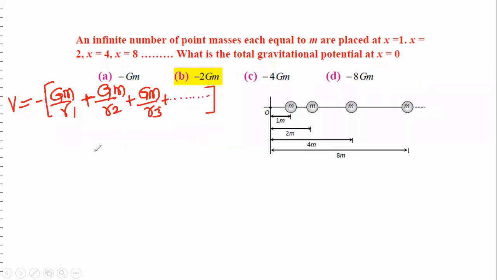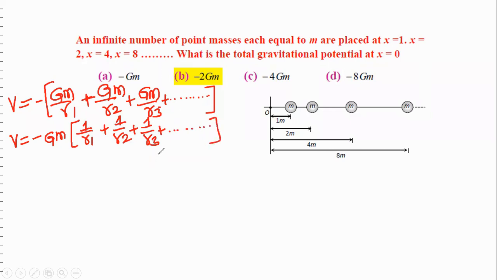Like this we will take. Then V is equal to minus Gm, if I take it common, 1 by R1 plus 1 by R2 plus 1 divided by R3 plus so on.